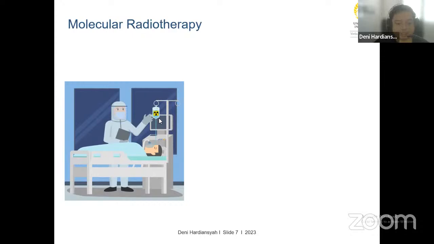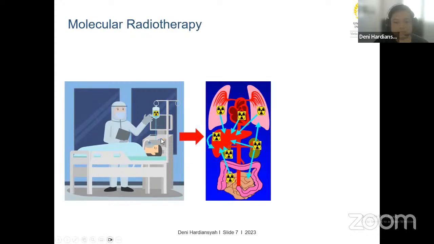So we inject this radiopharmaceutical drug into the patient, and you can imagine what happens inside the patient's body. Because we inject it into the bloodstream, it will distribute through all of the internal organs of the patient.